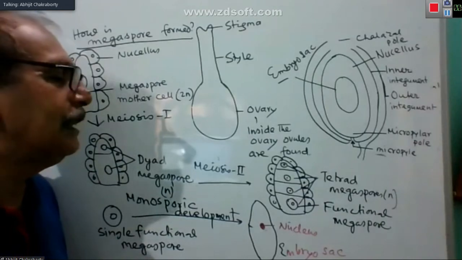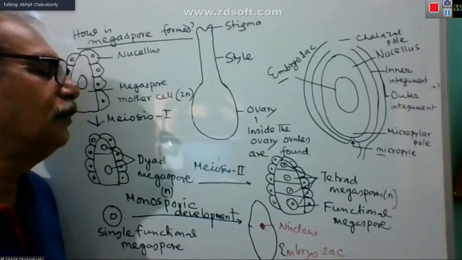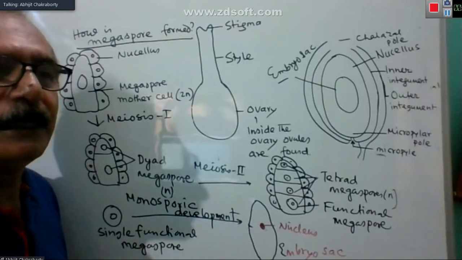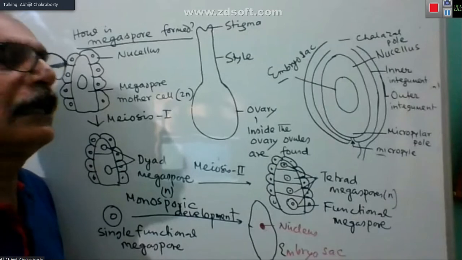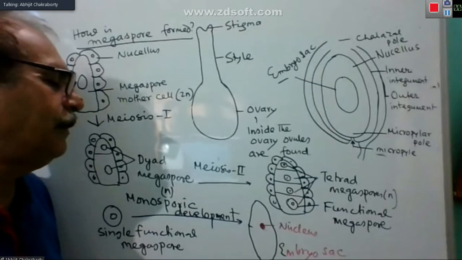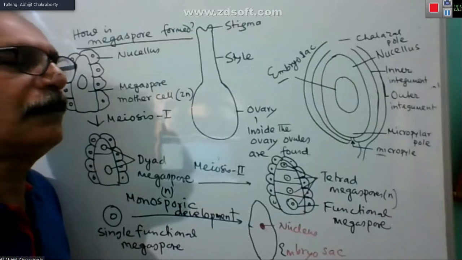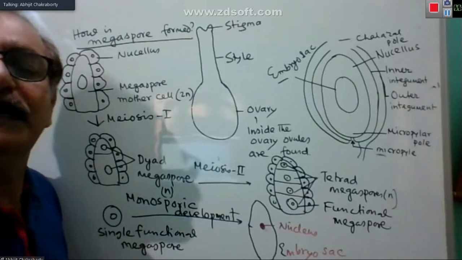The other 3 comparatively smaller megaspores will ultimately degenerate.